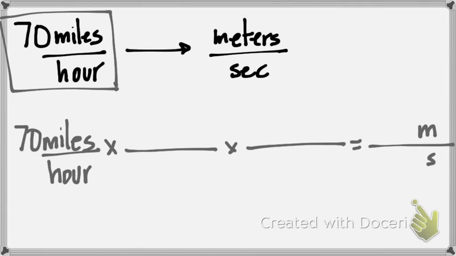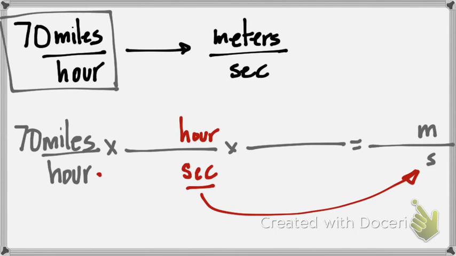So I'm going to choose to convert my time rather than my distance first. So I want to convert my time, and I want to change hours into seconds. So since I want to get rid of that hour, I'm going to put hour in my numerator, and I need to make a connection between an hour and a second so I can end up with that same unit at the end. 1 hour is obviously larger than a second.